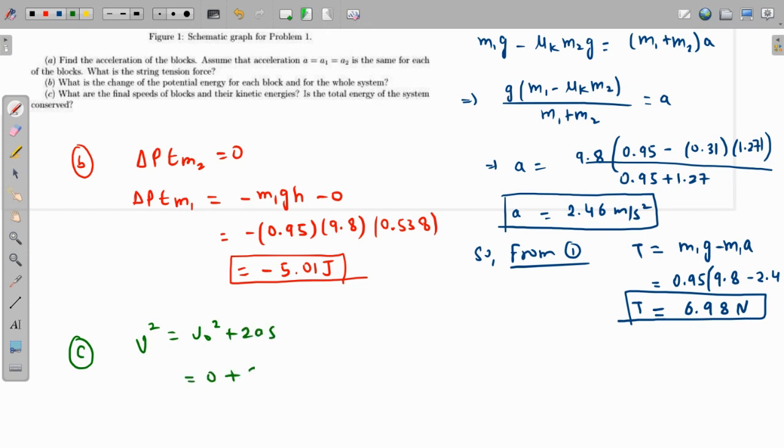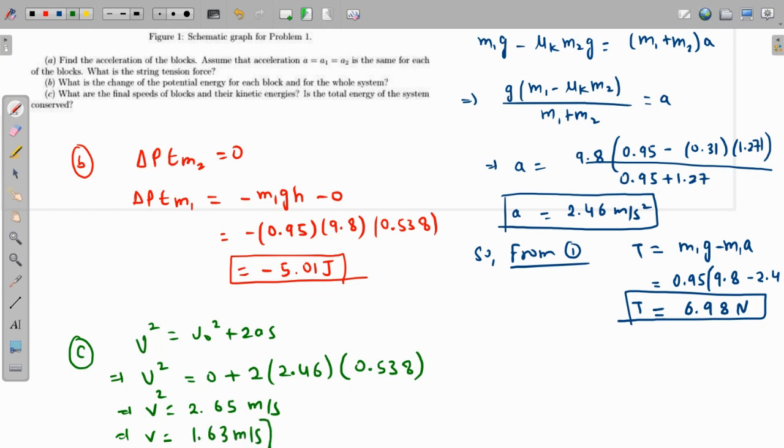Initial speed is 0, acceleration of both is the same, and the displacement is 0.538 for both of them. So this is their speed, which is the same for both. That's 2 times 2.46 times 0.538, which comes to 2.65 meters squared per second squared. That is the value of v squared.